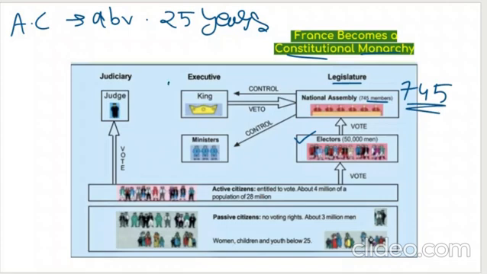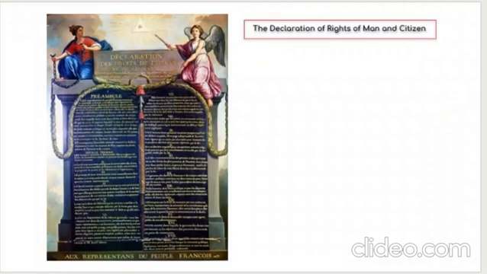Now, these 745 people will control the executive, the king and even the ministers. So the ministers and the king will be controlled by the 745 members of the National Assembly, and the king will give the veto power to the National Assembly, right? And then at the end will be the judges as the judiciary.